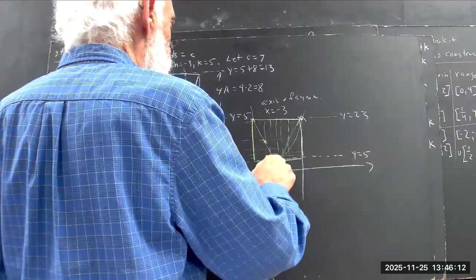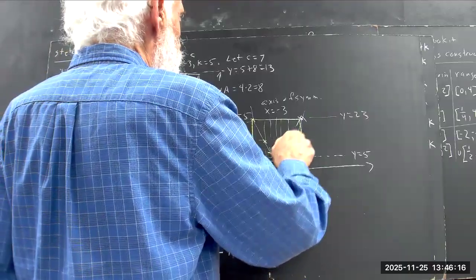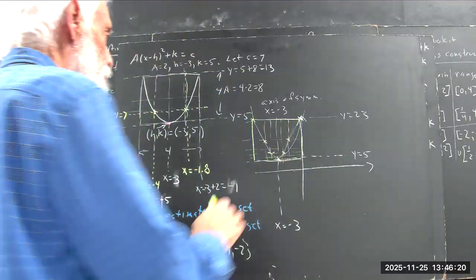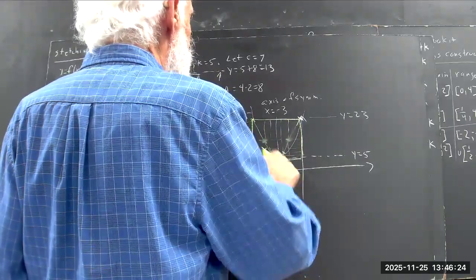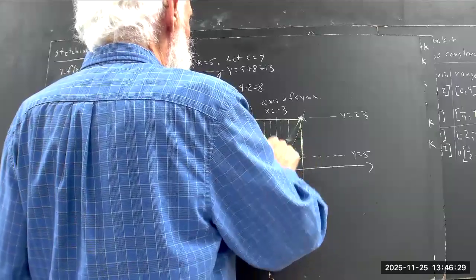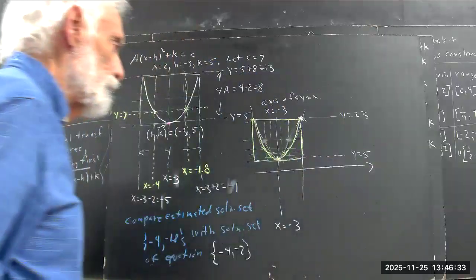And I can see that my points go right where they ought to go. Actually, those aren't right. It should be here. So a little lower and a little higher. The graph would look more like this.